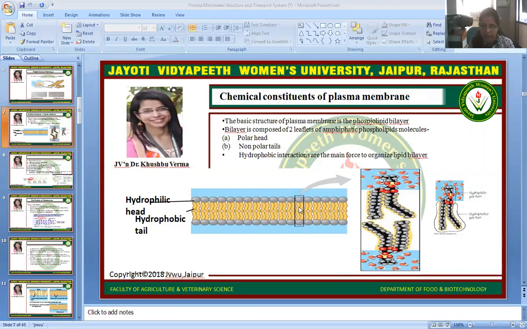The hydrophobic region will be inside and the hydrophilic head region will be outside of the lipid bilayer, because the hydrophilic head region can interact with water molecules simply, but the tail regions hate to interact with water molecules. That's why they are arranged in the inside region of the bilayer.